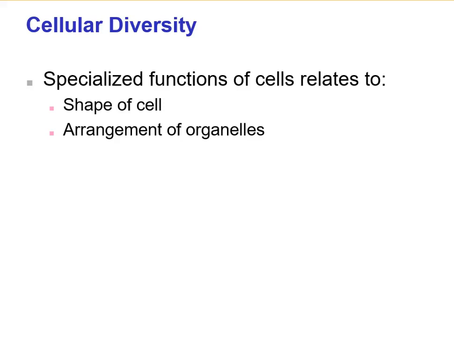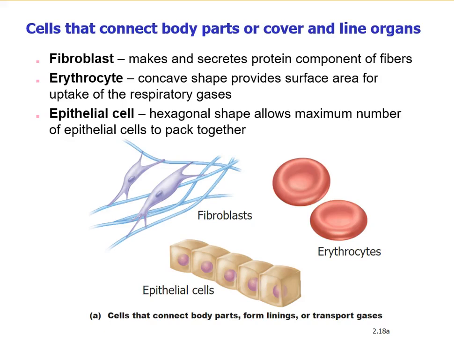For example, a cell which is specialized for producing protein or lipid must have a different amount of organelles, like rough endoplasmic reticulum, smooth endoplasmic reticulum, or other organelles. But let's look at these different cell types with different functions.